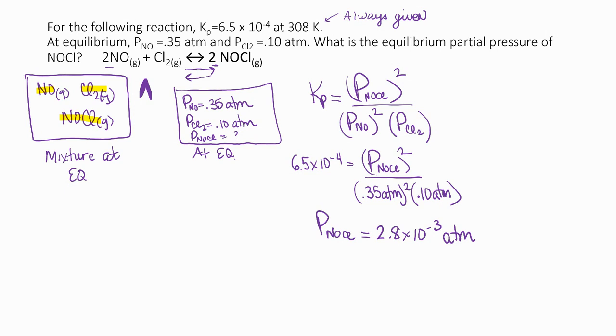Now when we're doing this, keep in mind that we can always double check our answer because we can square that term, right? We can square 2.8 times 10 to the negative 3. And then we can divide by 0.35 squared and then divide by 0.10. And we should end up with our original Kp, which I do.